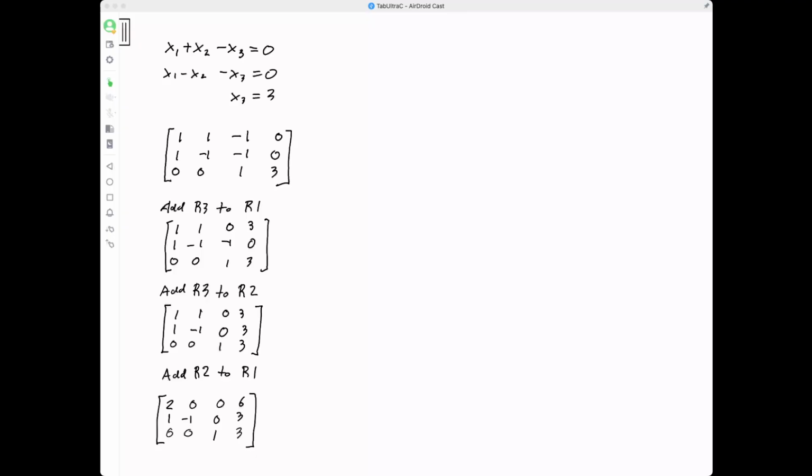Then I'm going to scale row 1 by 1/2, meaning I'm going to multiply row 1 by 1/2. So 2 times 1/2 is 1, and 6 times 1/2 is 3.